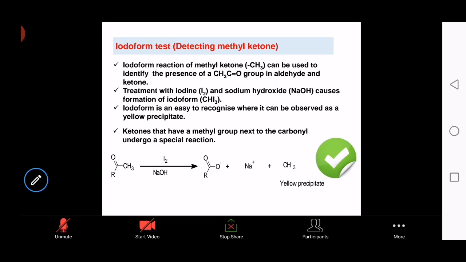So ketone that have a methyl group next to the carbonyl undergo a special reaction. Bukan ketone je, semua yang ada methyl next to carbonyl C=O tu, dia akan react dengan this reaction. Boleh tengoklah general equation, dapat yellow precipitate.